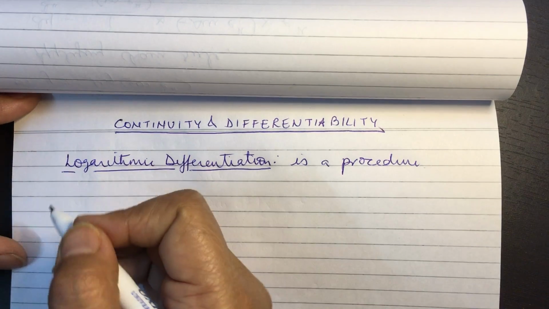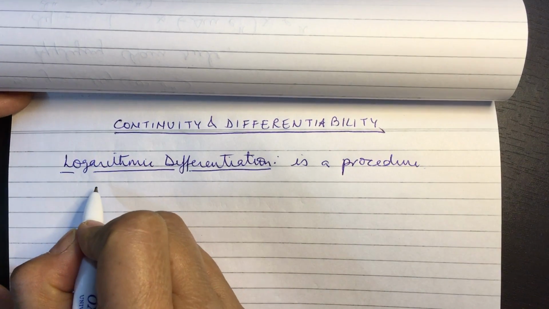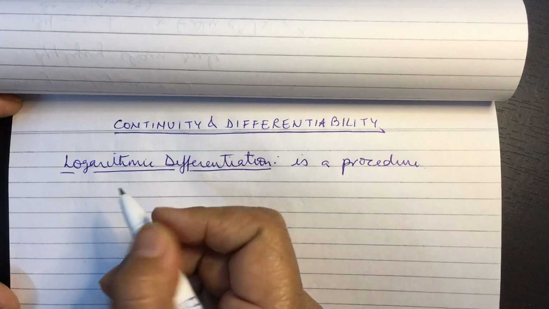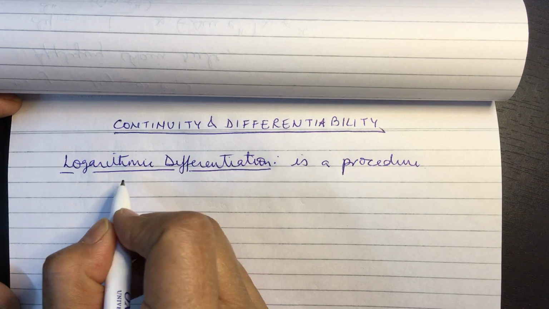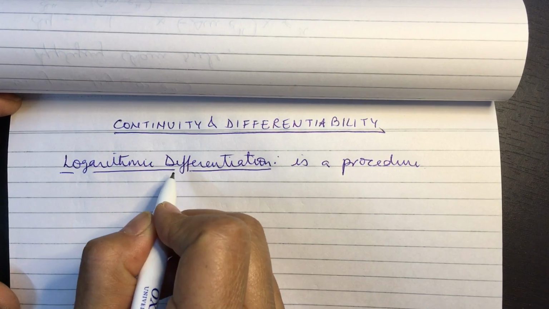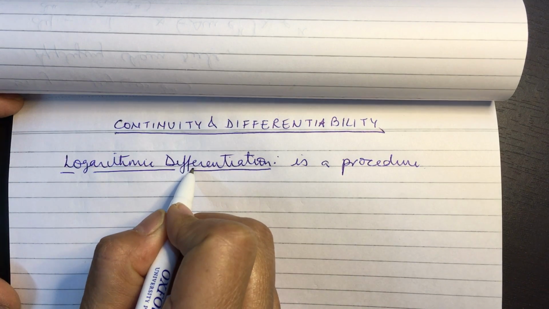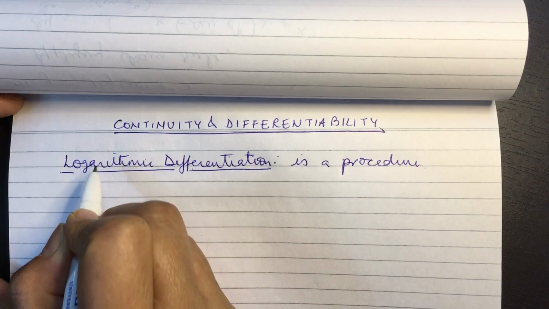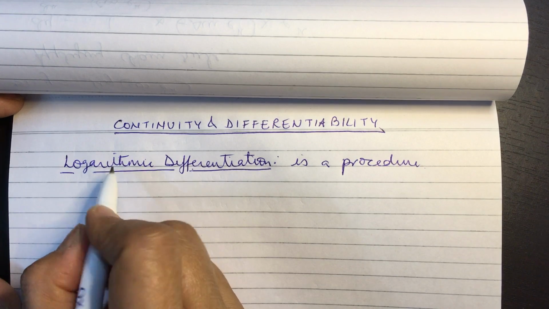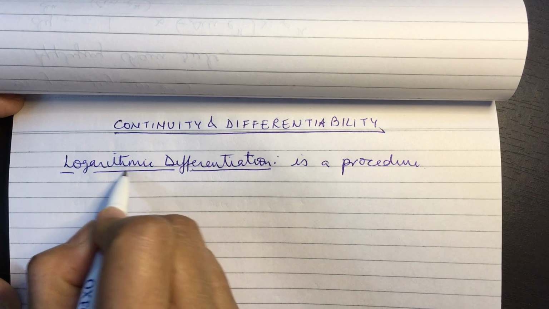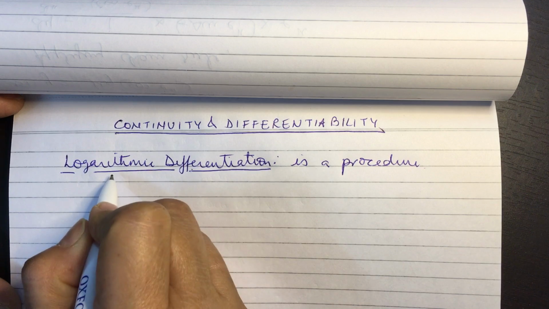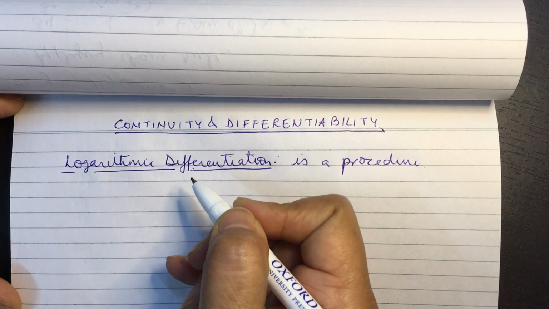So whenever we get complicated or complex functions to be differentiated, we make use of logarithmic differentiation, or the logarithmic procedure, to simplify the calculations.